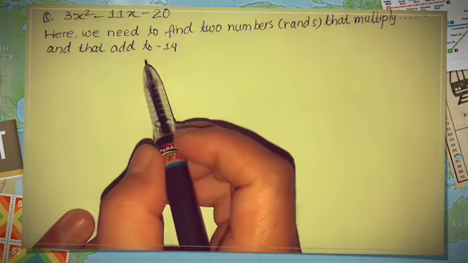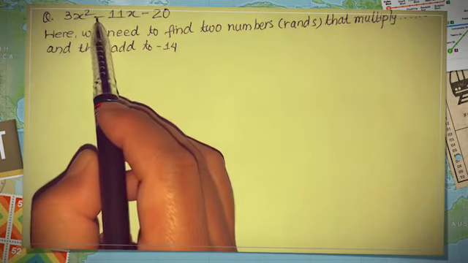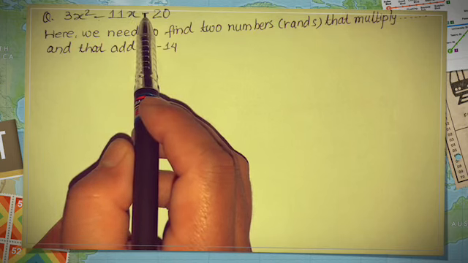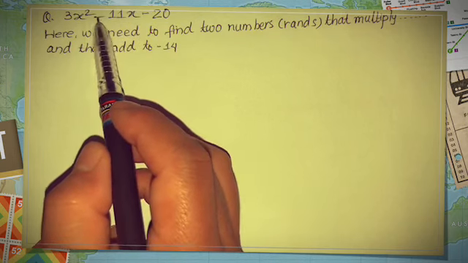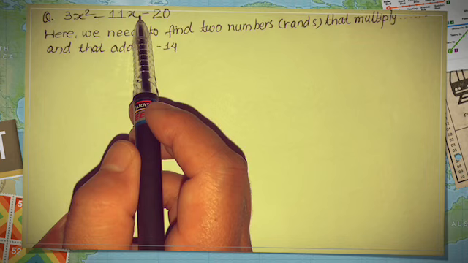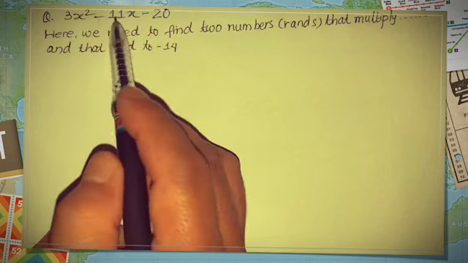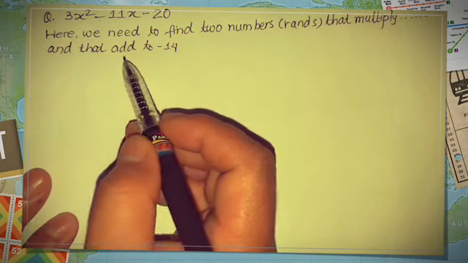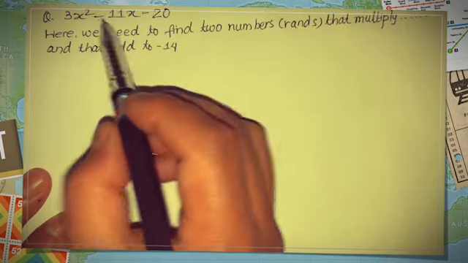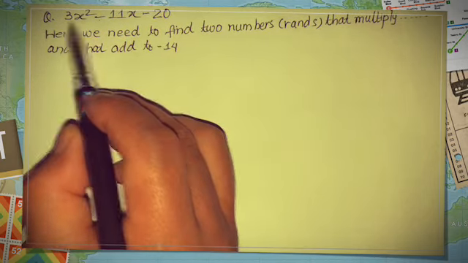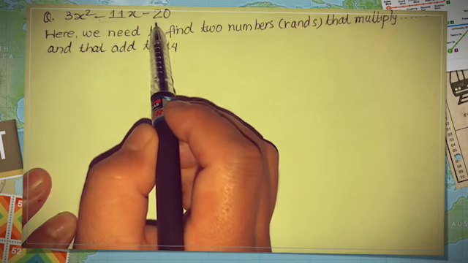Okay, let's see another question. I have taken the questions having negatives. Some of you were confused when there were negatives in the previous classes. So let's see clearly. And look at here. 3 minus 11 minus 20.